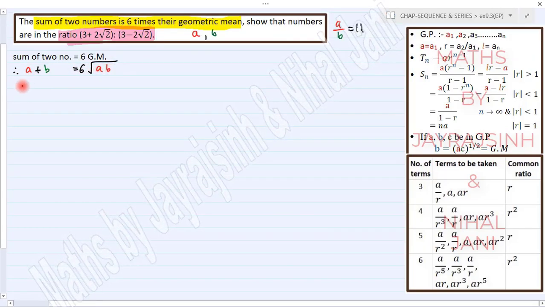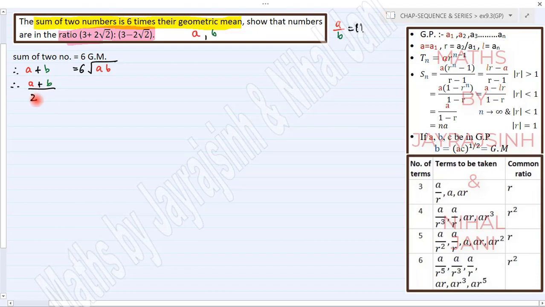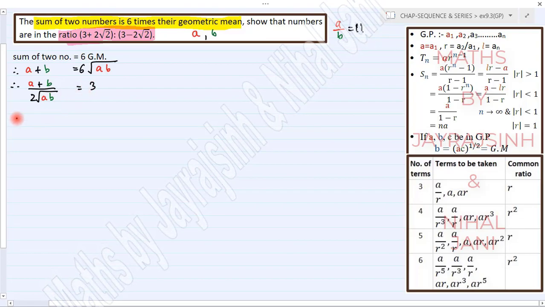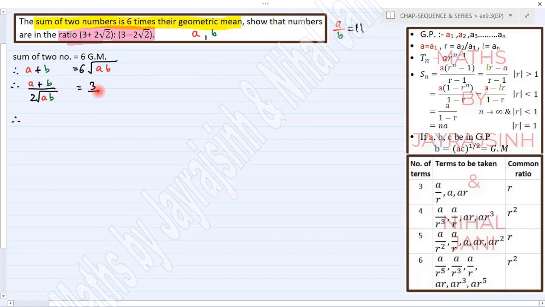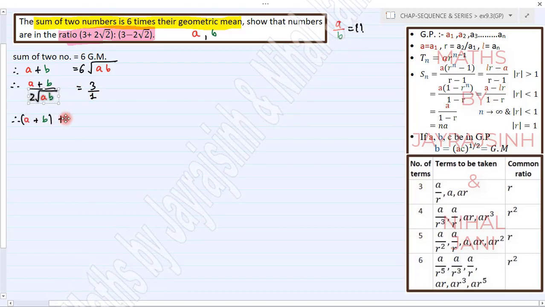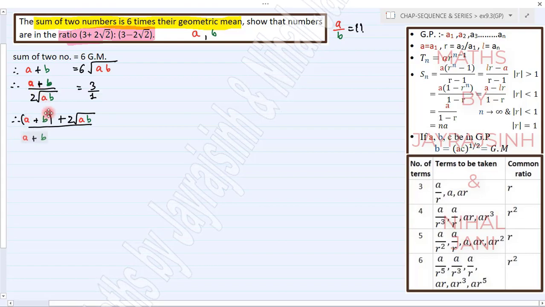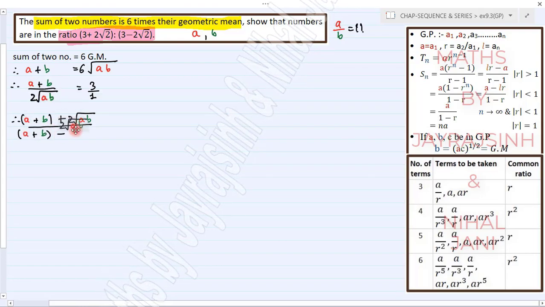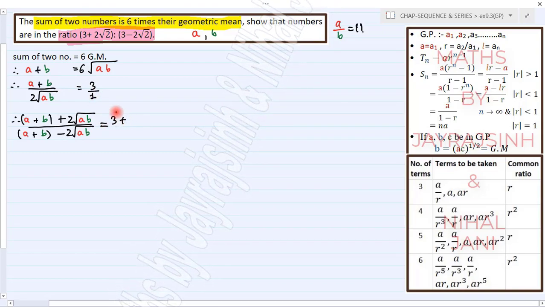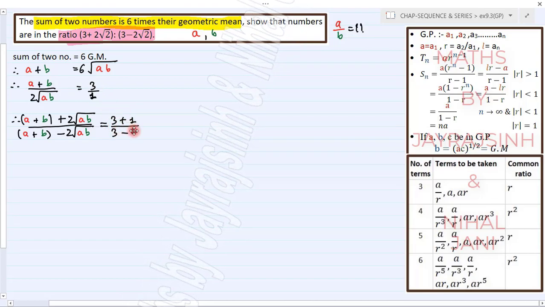So to get a by b, we have to follow these steps. Let's say a plus b will be as it is, and in the denominator we'll get 2 times under root of ab is equal to 3. Now we have to use componendo and dividendo. So in the numerator we have to add numerator plus denominator, and in the denominator we have to take numerator minus denominator. Similarly, on the right hand side, we'll take numerator plus denominator and numerator minus denominator.